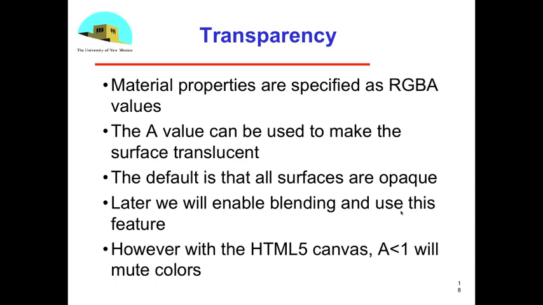The problem with HTML is that you can combine other applications on the same canvas. And so what's done with WebGL is, if you set A to be 0.5, even if you haven't enabled blending, it will mute all the colors by a half. It will take the RGB you give it and effectively multiply each of those components by 0.5. The reason for that is you may really want to be able to blend things together.